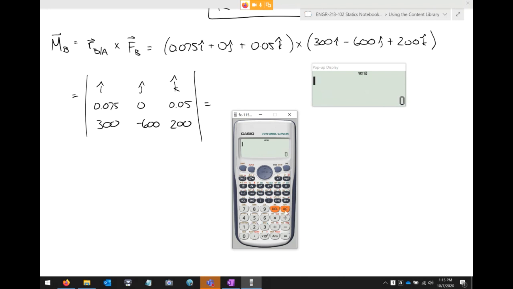And I can clear that. Just press the AC button to clear that, and then I can go to mode 8 vector B, 2, and then it's size 3. I'm sorry, 1 for 3, and then 300, minus 600, and then 200.